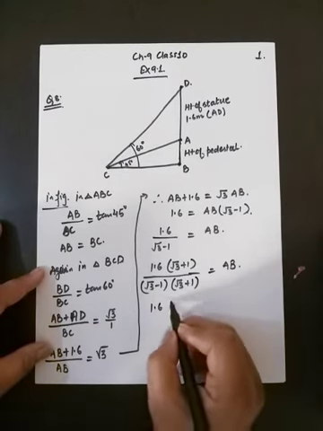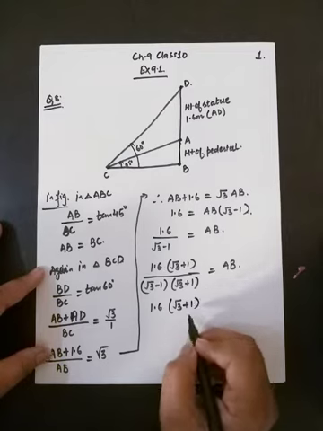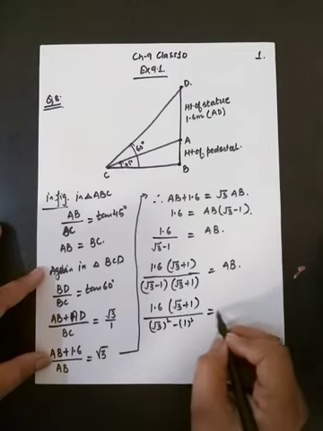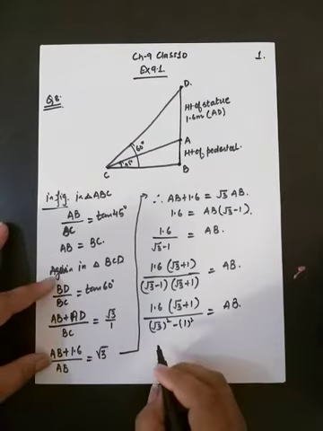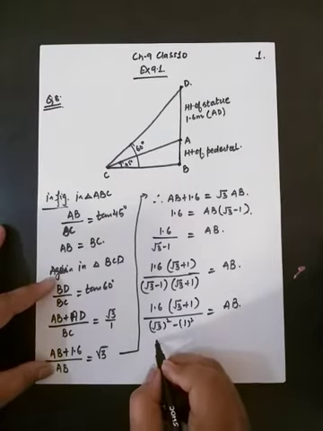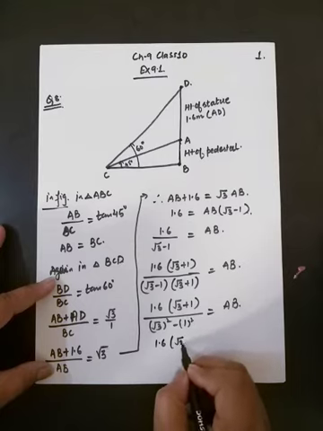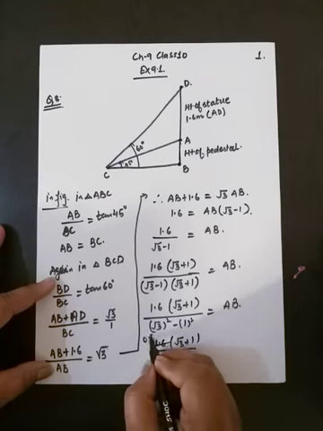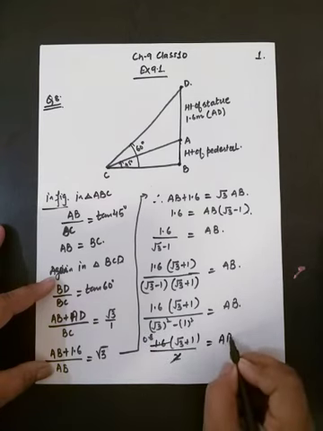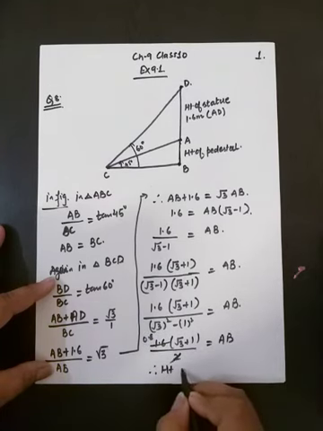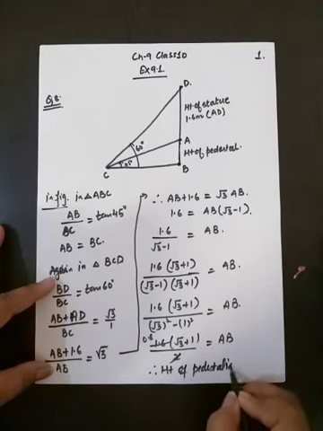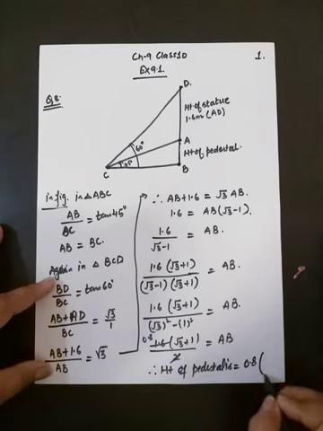It will be 1.6 into root 3 plus 1 by root 3 square minus 1 square, which is 1.6 into root 3 plus 1 by 2. And 0.8 into root 3 plus 1 is equal to AB. So therefore, the height of the pedestal is 0.8 into root 3 plus 1 meter.